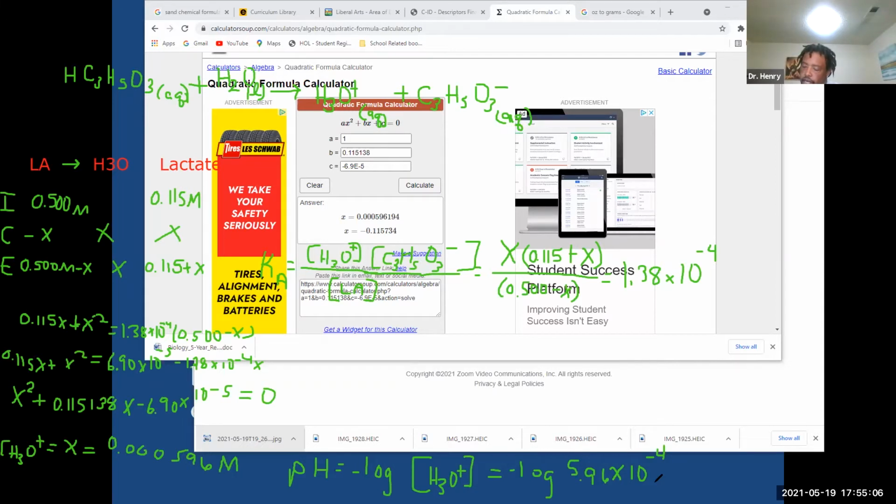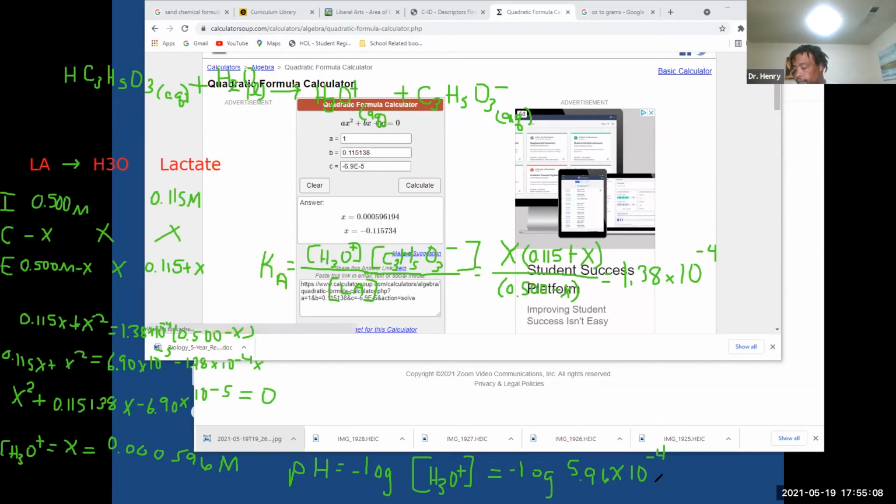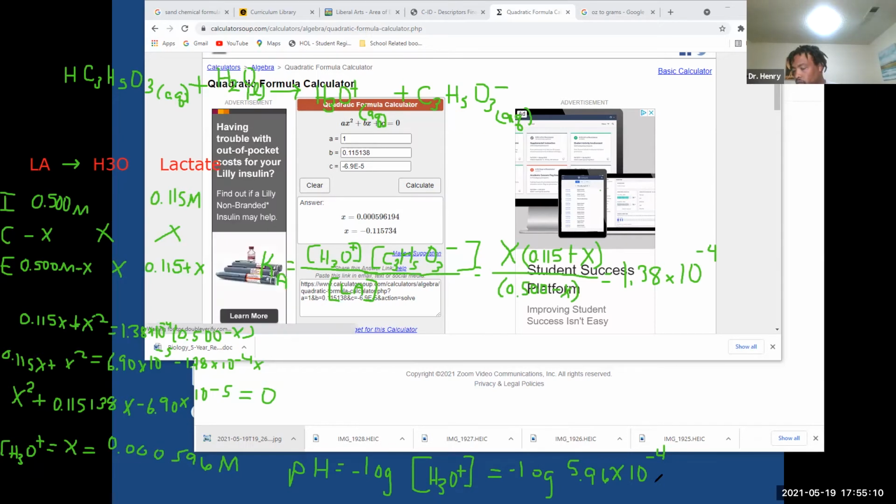I'm going to take the log of that, and the negative log of that is going to be equal to 3.22.